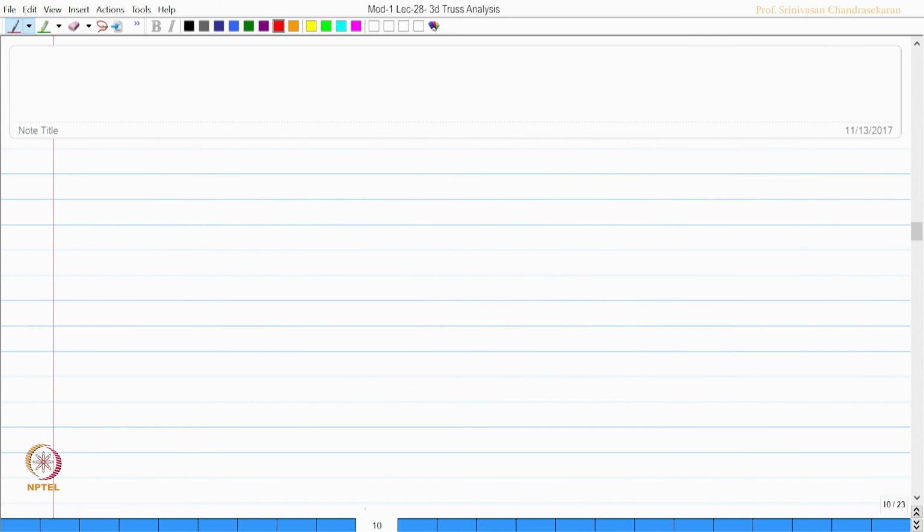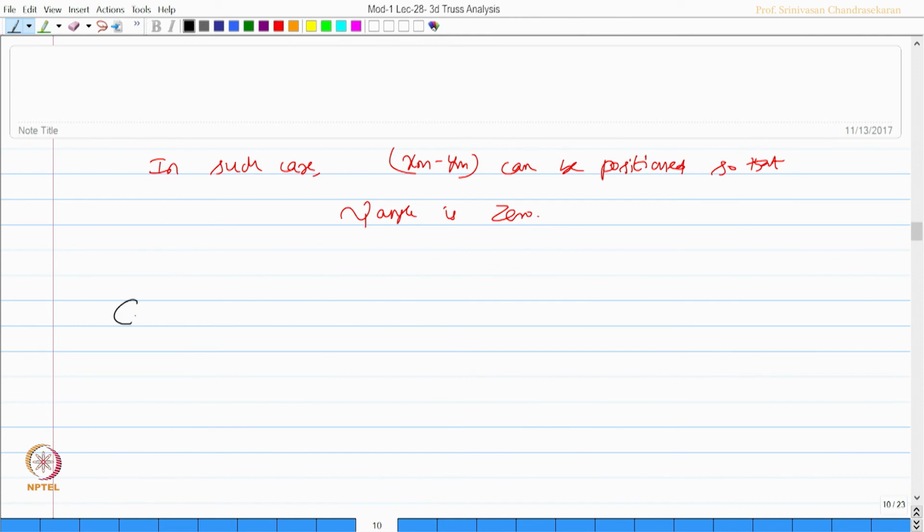In that case, the xm ym axis can be positioned so that the psi angle is practically 0. So, if you agree upon this statement, then Cy, which was derived earlier, can be now modified for the truss member very easily by taking psi angle as 0.